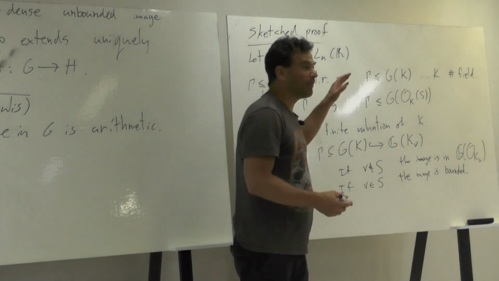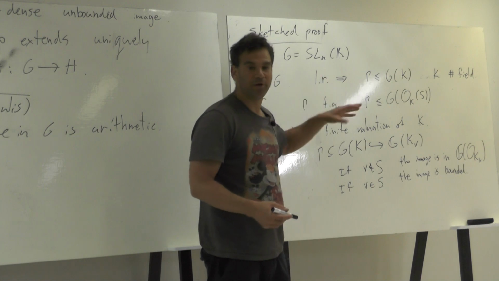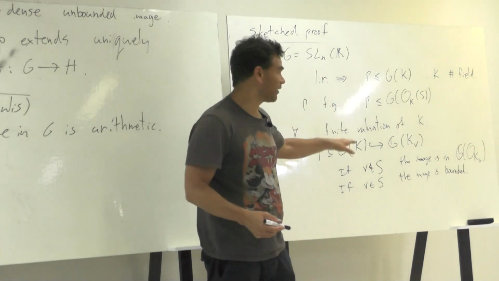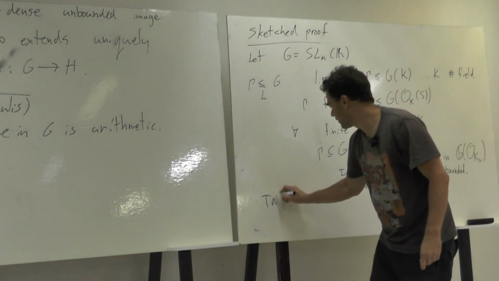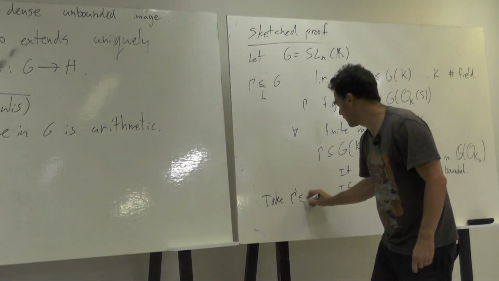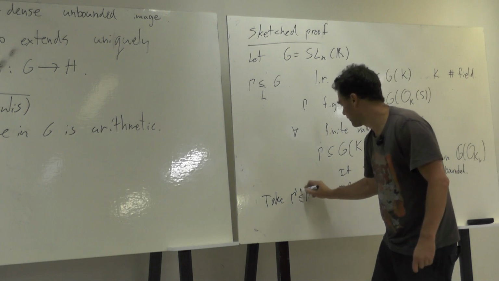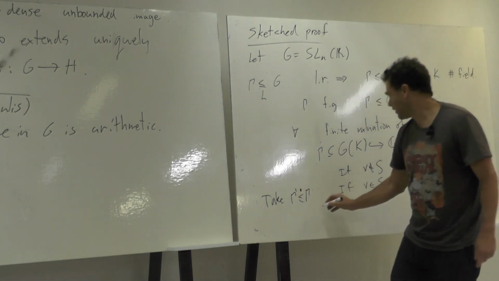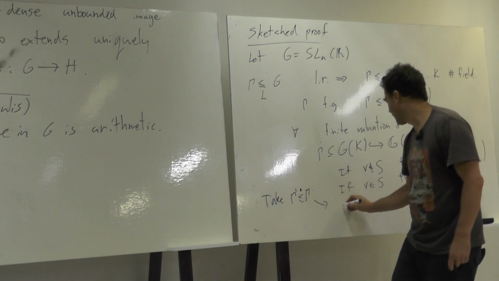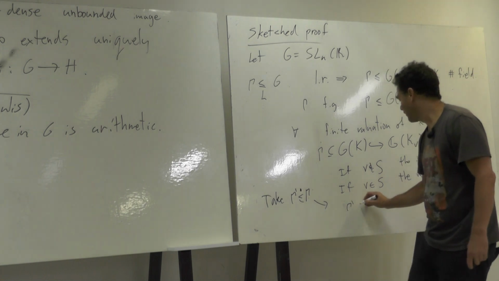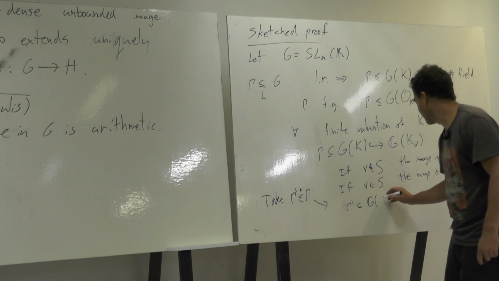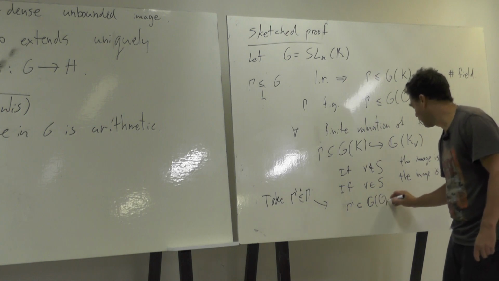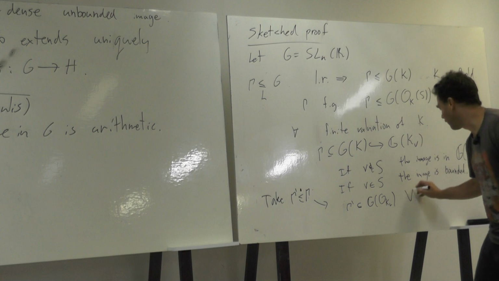But if it's bounded, then if you replace gamma by a finite index subgroup gamma prime inside gamma, we can have that gamma prime sits inside G of O_Kv for every v.